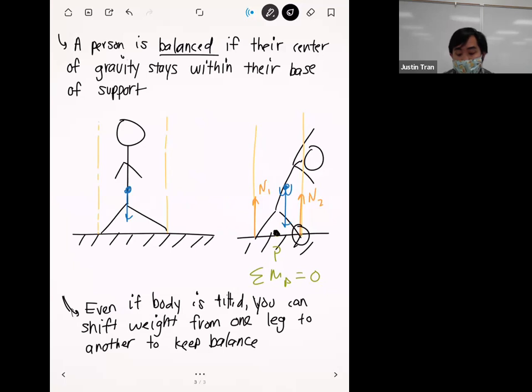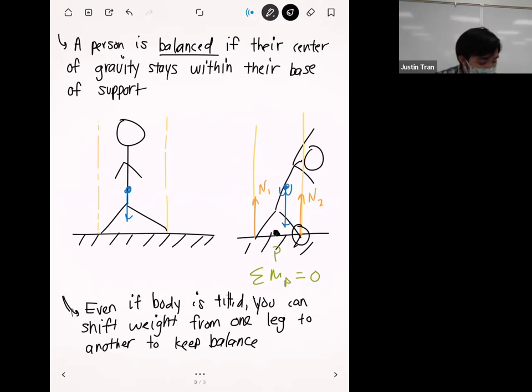W is providing a clockwise torque, whereas N2 is providing a counterclockwise torque. And since it's still possible for these two to act in opposite, your body can adjust to maintain balance. It might take some extra work from the muscles in order to shift your weight, but theoretically it's still possible to keep balance.